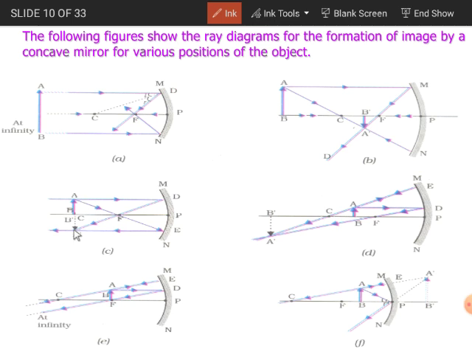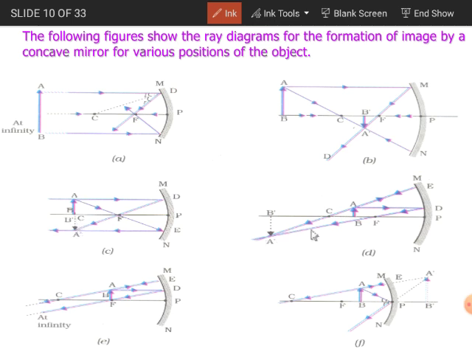So the two real reflected rays intersect here at this point. So your image will be formed here at the center of curvature. So when the object is placed at the center of curvature, the image will be formed at the center of curvature, and the nature of the image will be real, inverted, and of the same size.